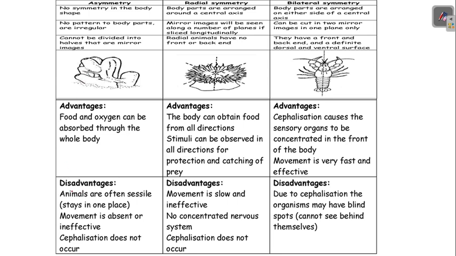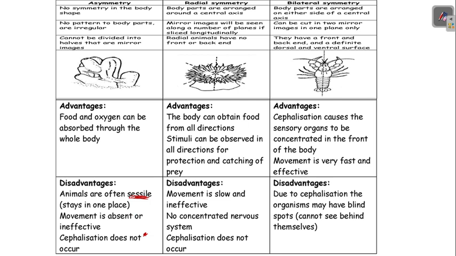And then disadvantages now. Animals are often sessile, meaning they cannot move on their own. Basically, they are prone to predators. Movement is absent or ineffective. Number one, they are standing in one place. Number two, they have no sense organs.